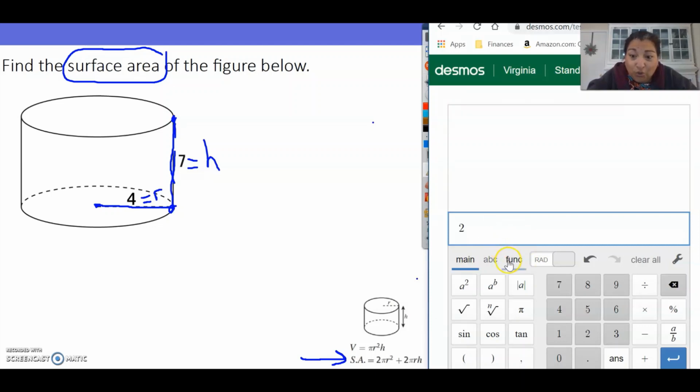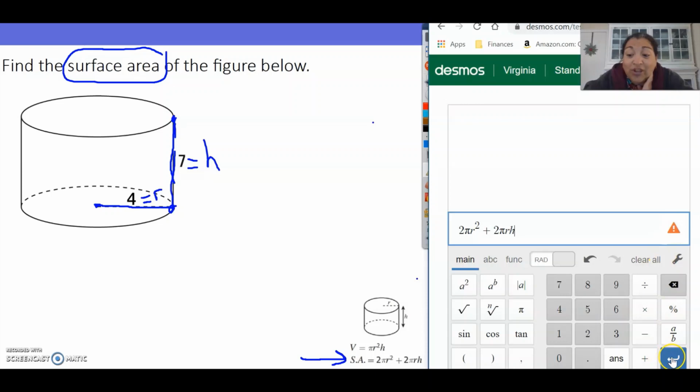We've got 2 pi and then r squared. Okay, then we're going to move over to the side by using our cursor, plus 2 pi r then h. All right, so let's go back and read that carefully. It's 2 pi r squared plus 2 pi r h.